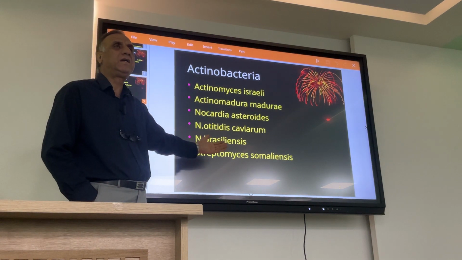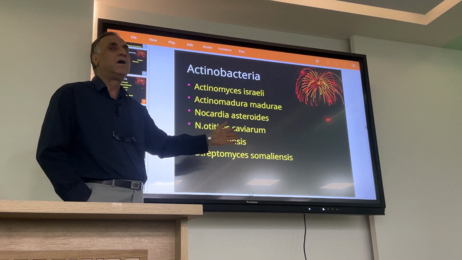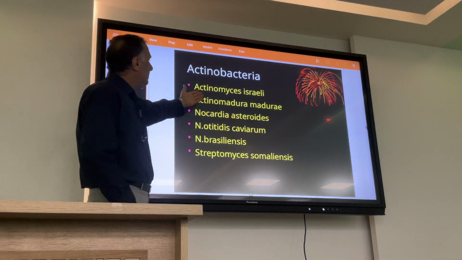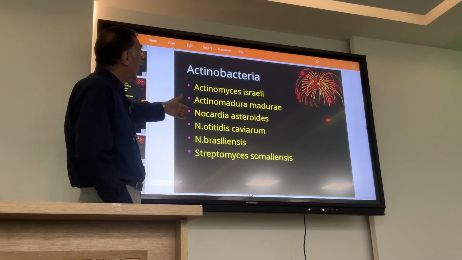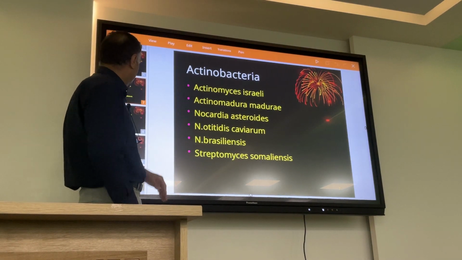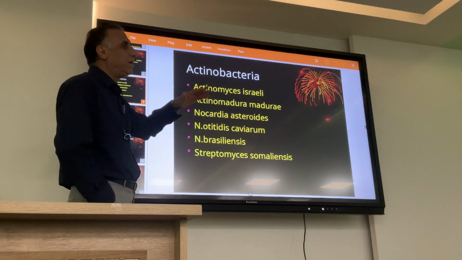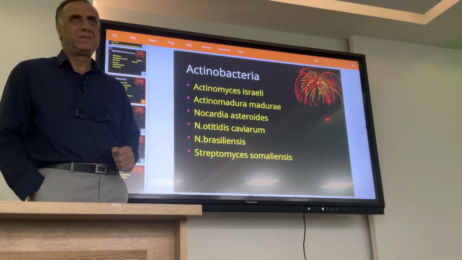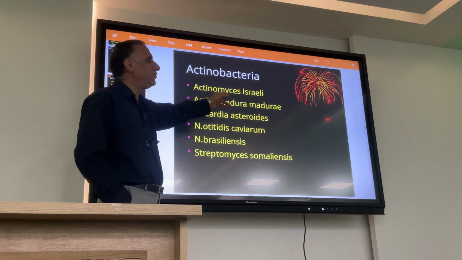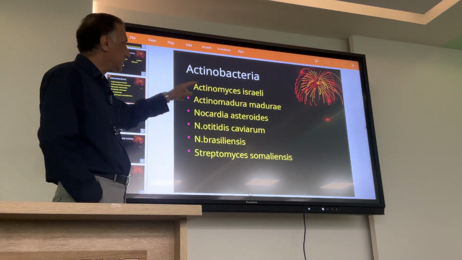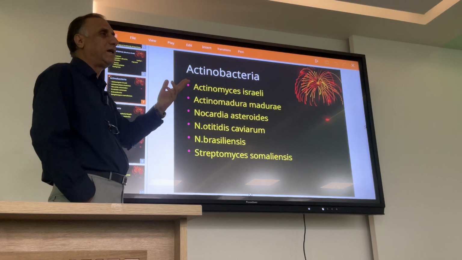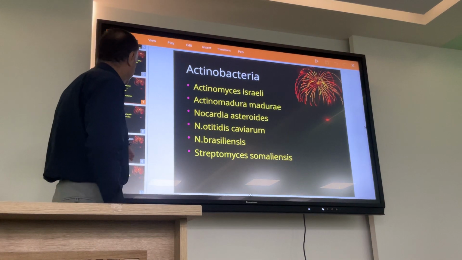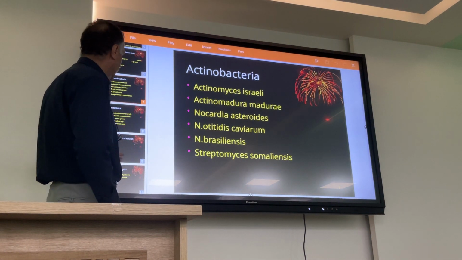The shape of the bacteria in microscopic observation is filamentous. Actinomyces, Actinomadura, Nocardia, and Streptomyces, all of them are in soil, except Actinomyces israelii, because it is in the oral cavity, in the GI tract, in the rectum, or in the vagina.